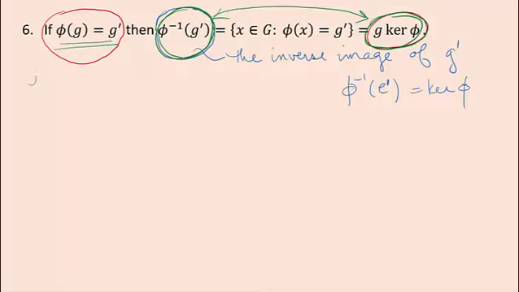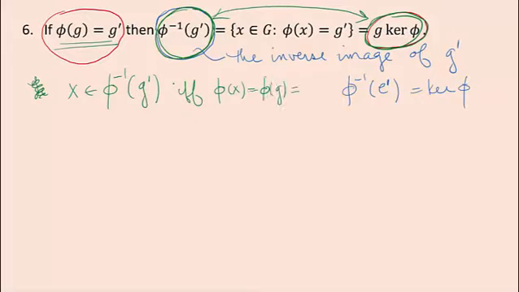And now I'm going to say X is in the inverse image of the element G prime if and only if phi of X is equal to, well, phi of G is equal to G prime. We were given that phi of G is G prime.